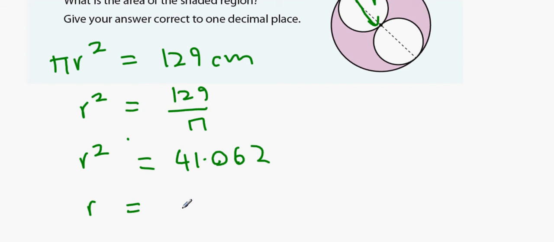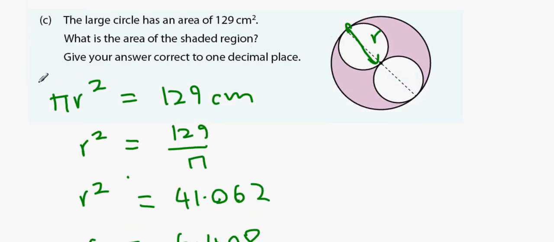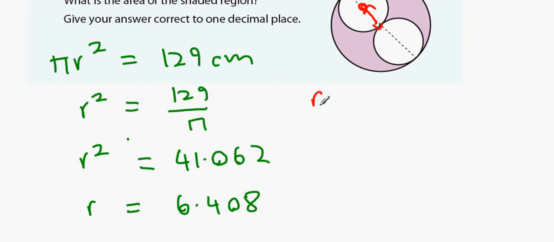That's the radius of the big circle. Now, what we need to find next is the radius of the small circle. So if the radius of the big circle is 6.408, the radius of the small circle has to be half this distance, okay? So the radius of the small circle, therefore, is 3.204.